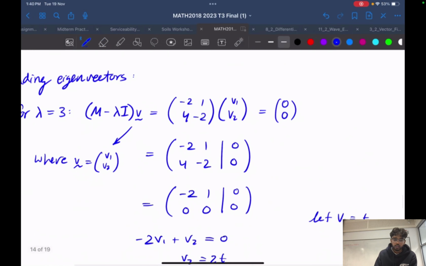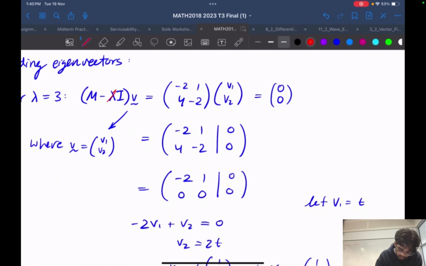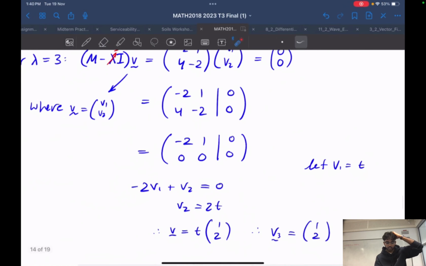So you end up with this matrix using this where lambda is equal to 3. And using Gaussian elimination, we get minus 2, 1, 0, 0 as our matrix, and we're going to pretty much just solve it, right, using v.